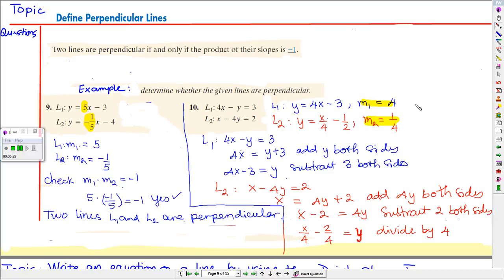So I can make a note right here that the two lines L1 and L2 are not perpendicular because the product of M1 times M2 does not equal negative 1.